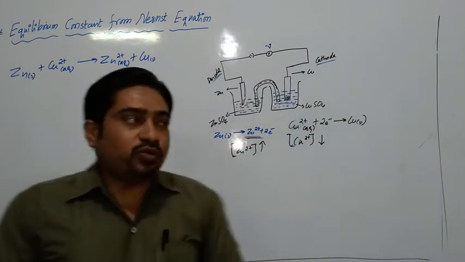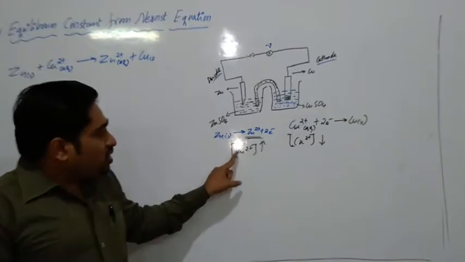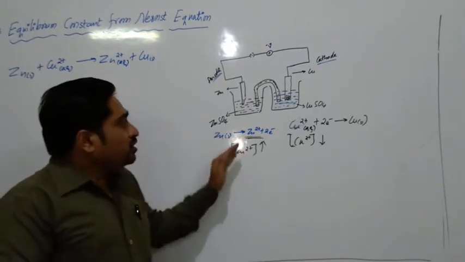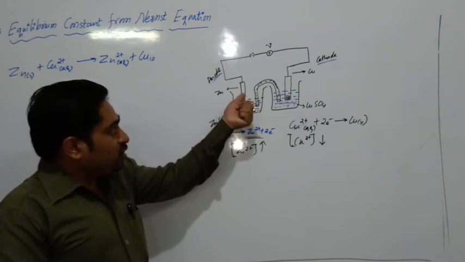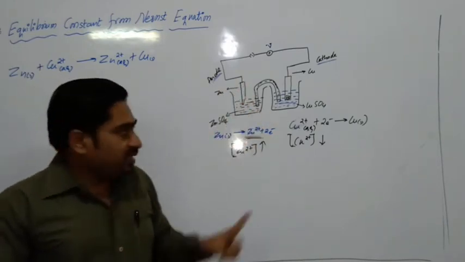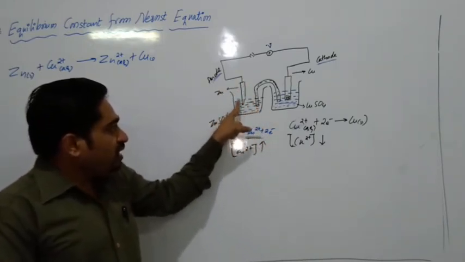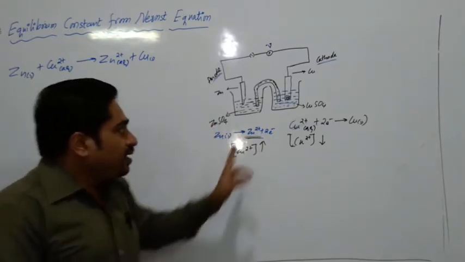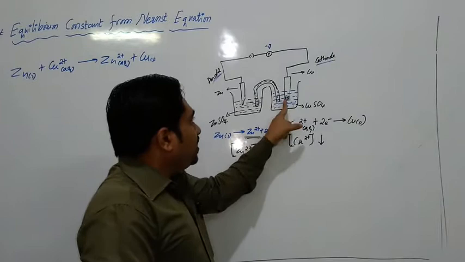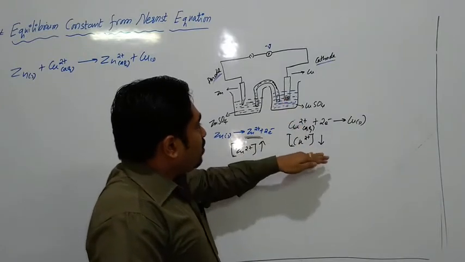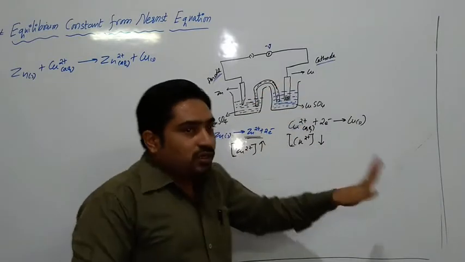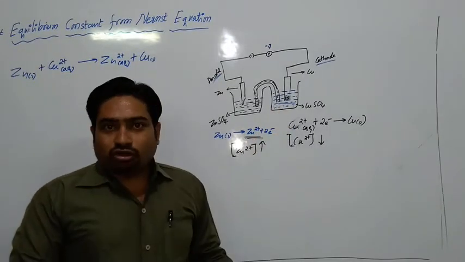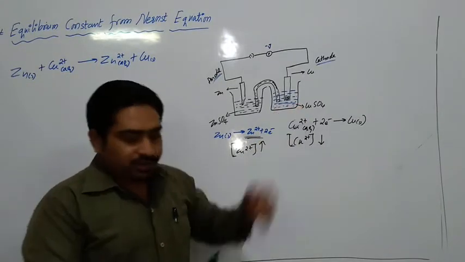In that situation, what happens? The concentration of Zn2+ ion is constant. No more zinc atoms are converted into zinc ions, means the concentration of zinc ions remains constant, means the oxidation reaction stops. At the same time, the conversion of copper ions into copper atoms also stops, means the concentration of Cu2+ ion also remains constant.